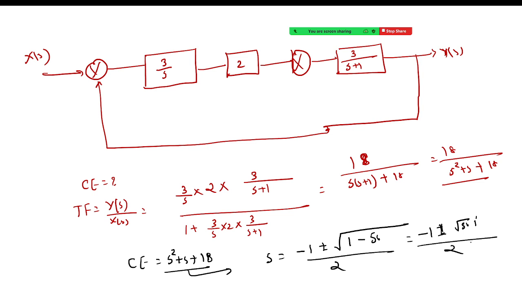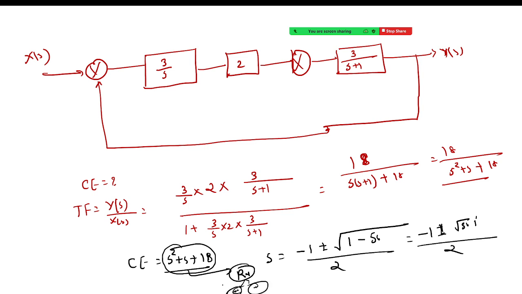The aim should be, if we are getting this characteristic equation, if the root is real, then you have to check whether it is positive or negative.